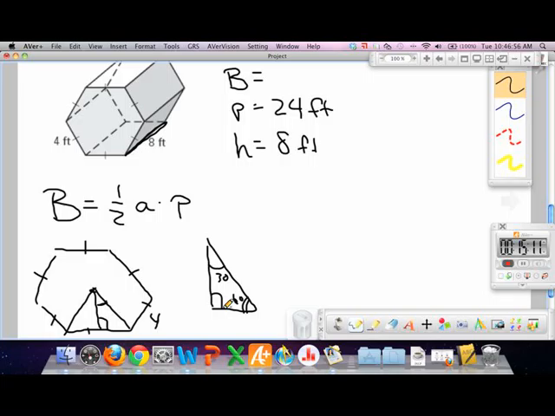So you could use sine, cosine, or tangent if you wanted. Hopefully you remember your special right triangle rules, because a 30, 60, 90 right triangle says that the long leg is just the short leg times root 3. So the apothem in this case better be root 3.